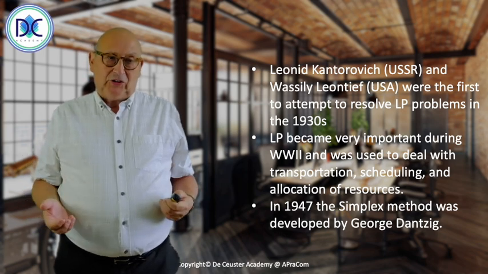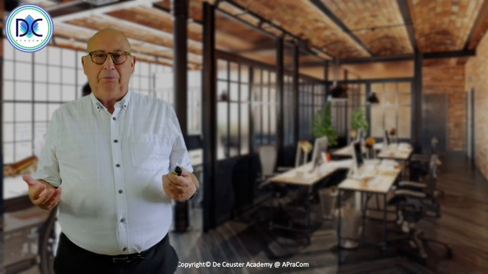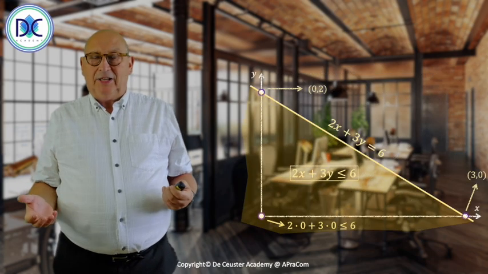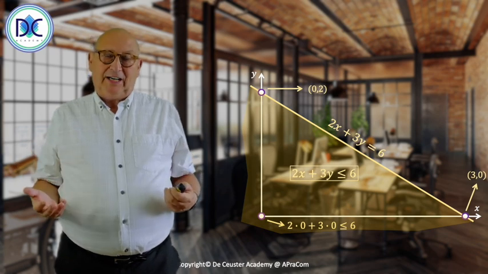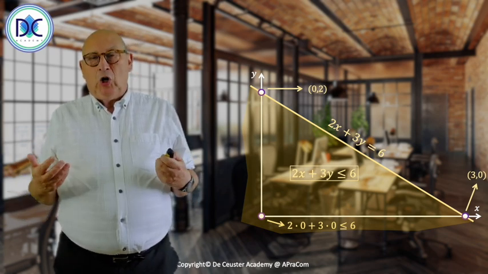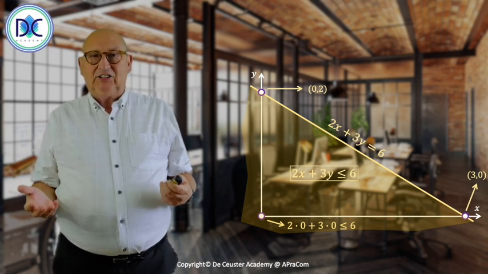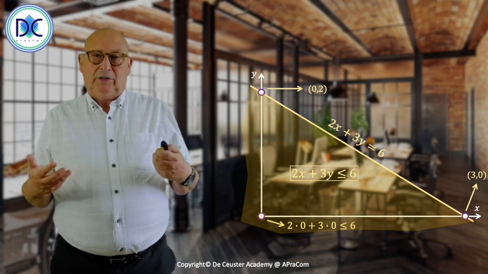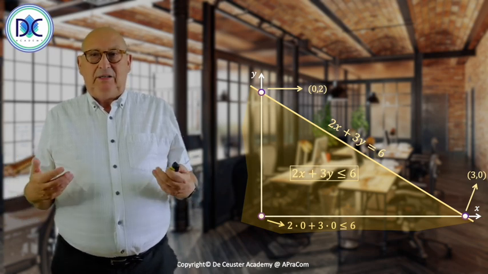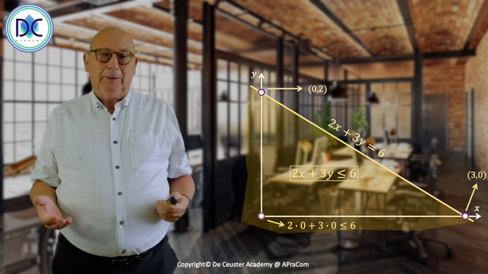We've discussed these items, and when we look at linear programming, the theory is based on linear inequalities. Linear inequalities are in fact linear equations, but instead of an equal sign, we have an inequality sign which identifies a part of the plane to be compliant with the conditions of the linear inequality.